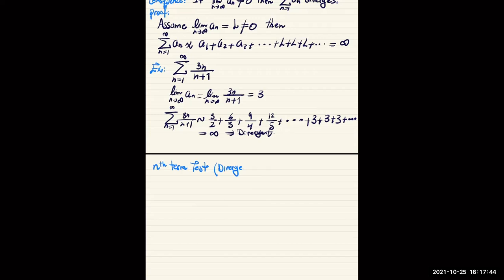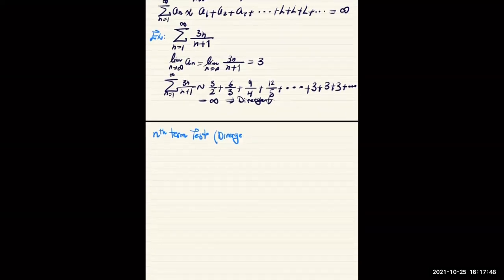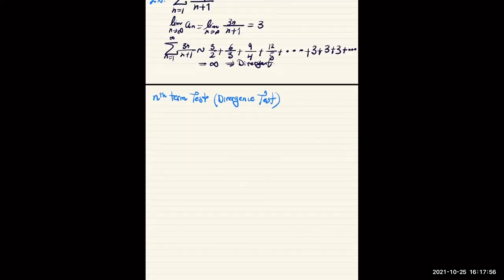Please be careful. This is also called the test for divergence. It says that if the limit as n goes to infinity of the nth term, that's why they call it the nth term, you find the limit of the nth term.